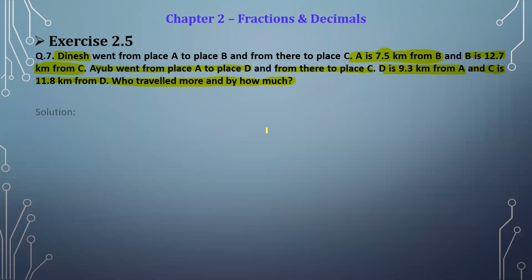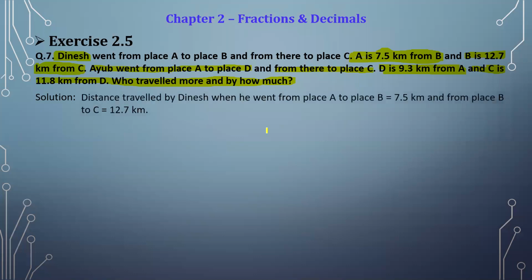Now in the solution, first of all, we are going to consider the first condition, regarding Dinesh. The distance traveled by Dinesh when he went from place A to place B is 7.5 kilometer, because it is given that the distance between A and B is 7.5 kilometer.